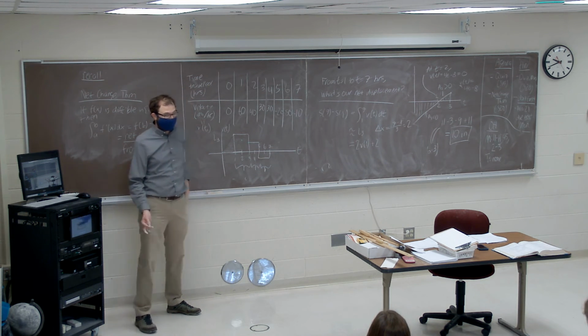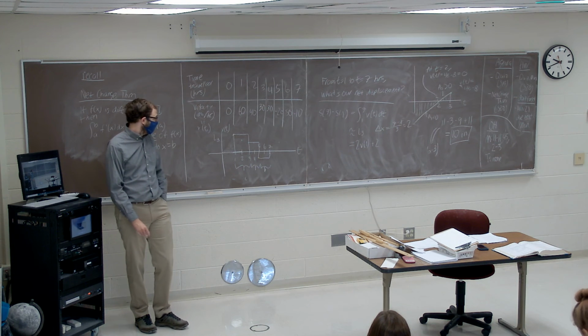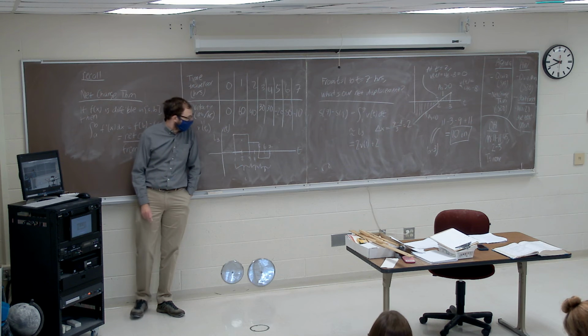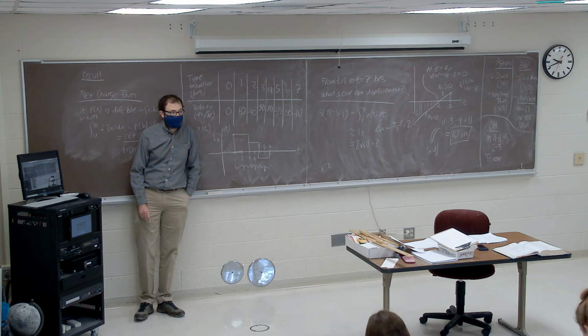Yeah, so we're dividing it up into 3 equal segments. Since we have 6 numbers that we need to get across, we divide that by 3, and each box will have a width of 2, and then the height is just the endpoint that you're taking. So in the left endpoint, we're taking v of 1 at the start.